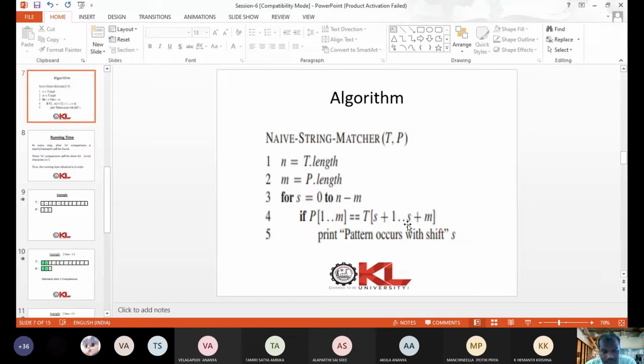If all the characters are matching, that is P[1..m] equals T[s+1..s+m], then you print it is a valid shift. If a mismatch occurs anywhere, then it is not a valid shift, and s is incremented by 1. Again we do comparisons, and if a match is there, it is a valid shift, so we print s. Otherwise s is incremented. So this is repeated up to n minus m.